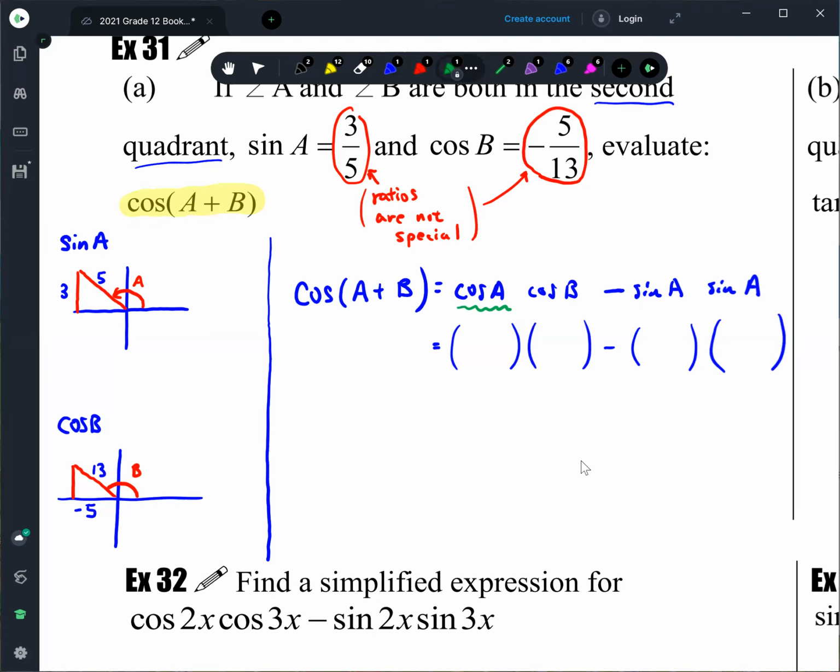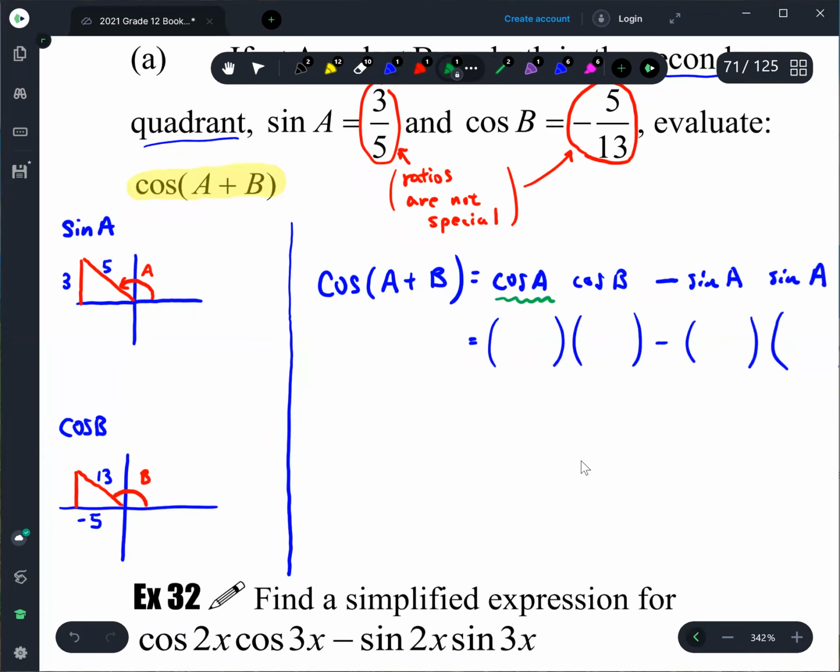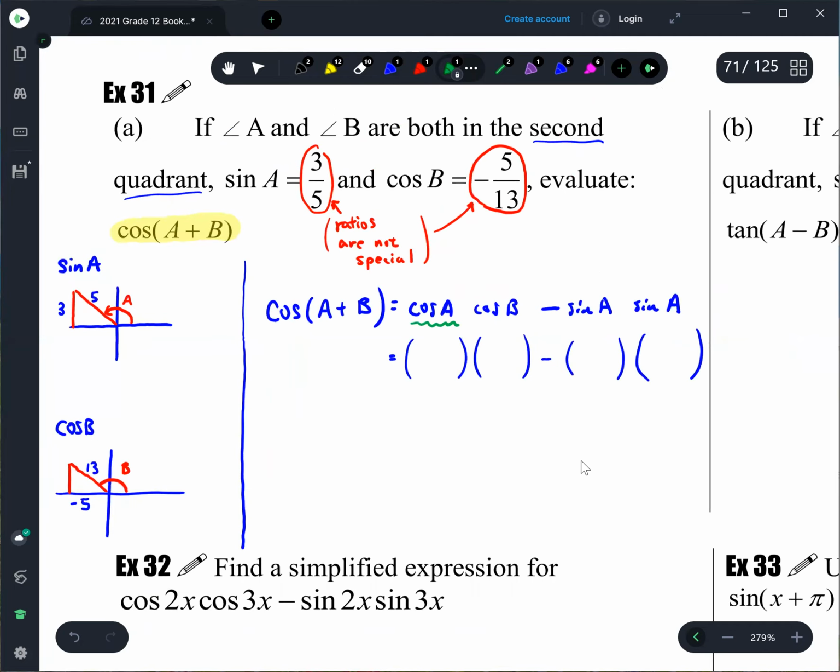Okay, what's adjacent? Where did you see 5? We're looking at the first picture, the top, right? Oh wait, is that 3, 4, 5?